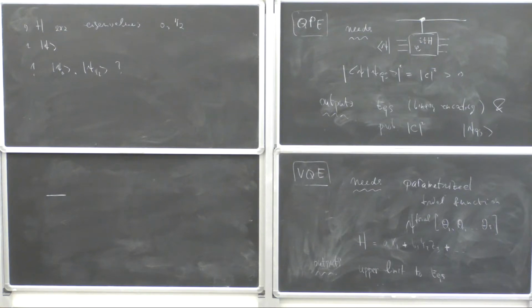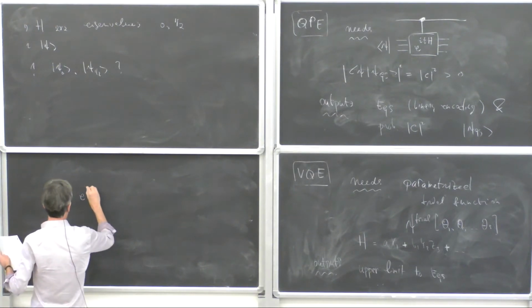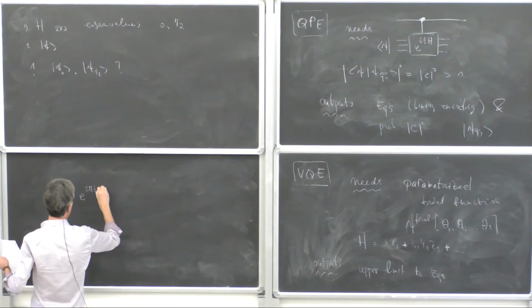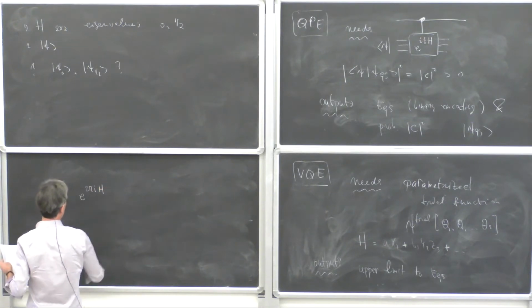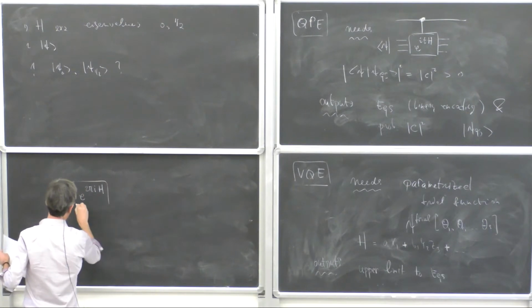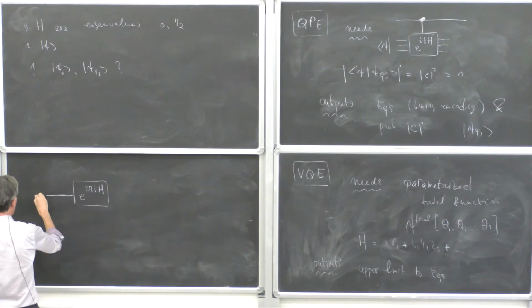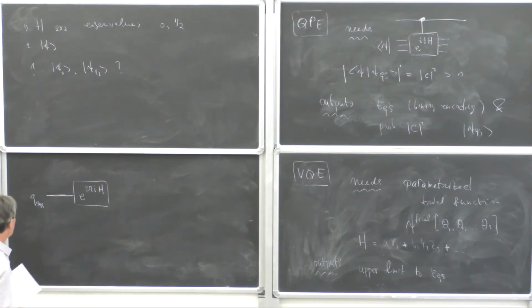H is a Hermitian matrix. But what I can do is e to the iH. So let me do e to the 2 pi i times H. That's a nice time to run my Hamiltonian on, let's say, my system qubit. Let me call that, why not, q sys. So that I can do.